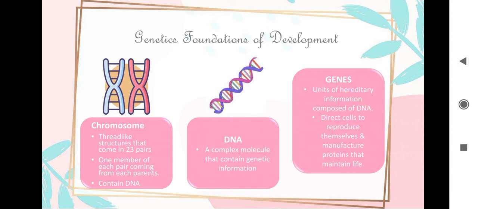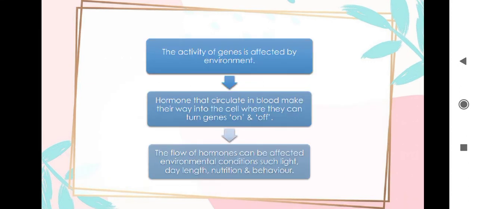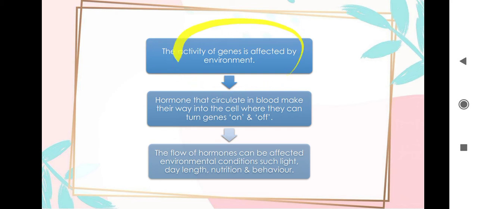So we move to the next. All right, the activity of genes is affected by the environment. That's number one. Number two, hormones that circulate in the blood make their way into the cell where they can turn genes on or turn genes off.